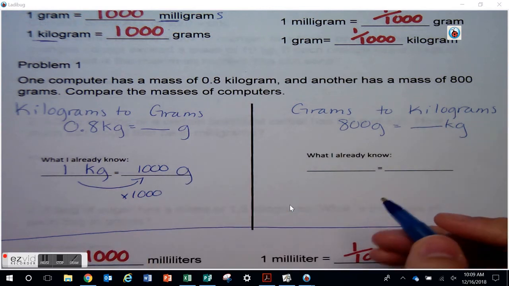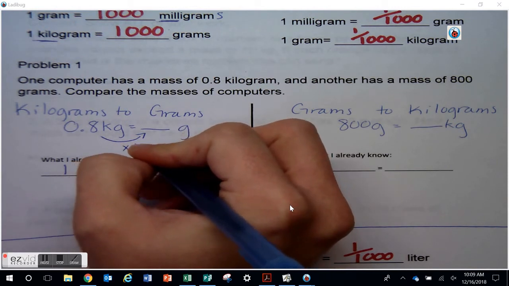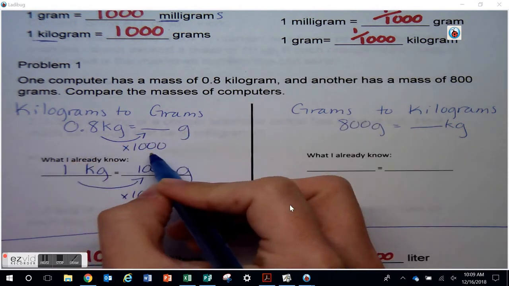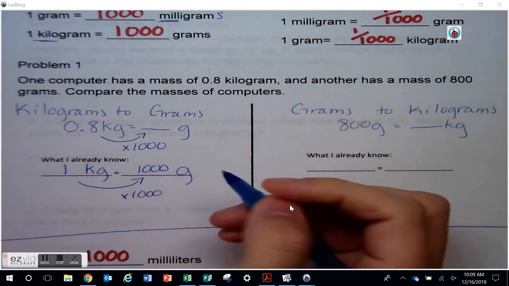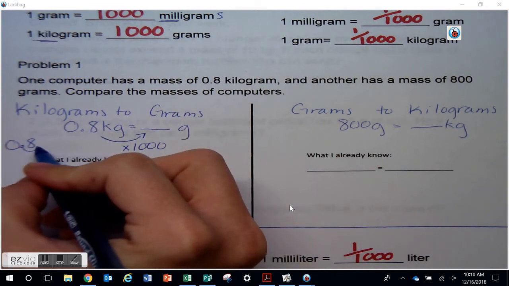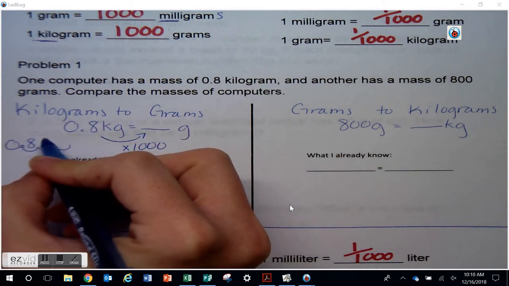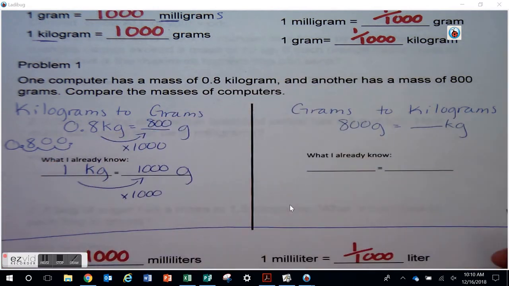So I will do the same thing here. 8/10 times 1,000. I'm multiplying by 1,000, so I know it's going to get bigger, and it's going to get bigger by 3 place values. So here's that 8/10. 1 place value, 2 place values, 3 place values bigger, gives me 800 grams.